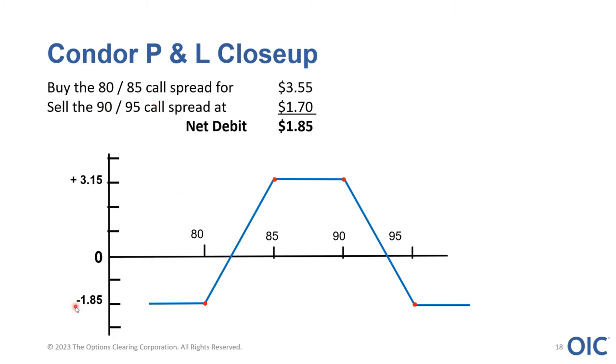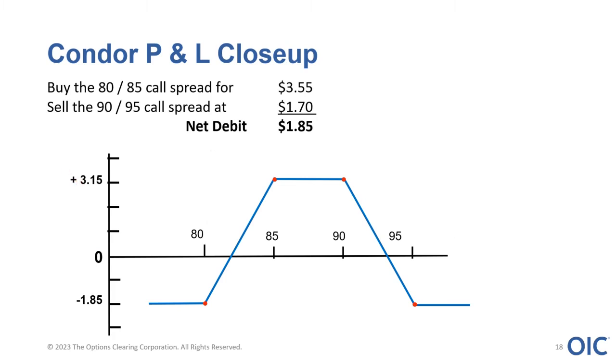So what you end up with is being long one and short the other, which gets you into this risk dynamic: you're going to actually pay $1.85 for the entire complex spread, and the max you can make is $3.15 if the spread that you're long were to go out worth $5, and the other one that you sold for $1.70 would offset the amount there, and you would end up with a $3.15 P&L winner in that case.